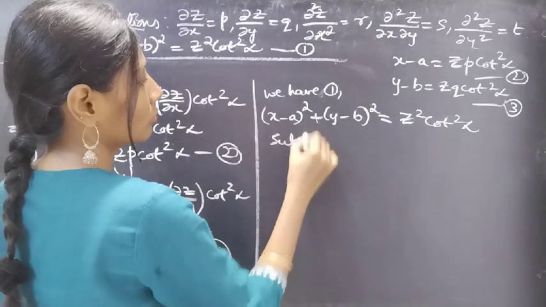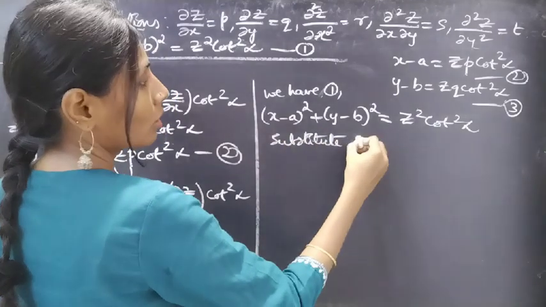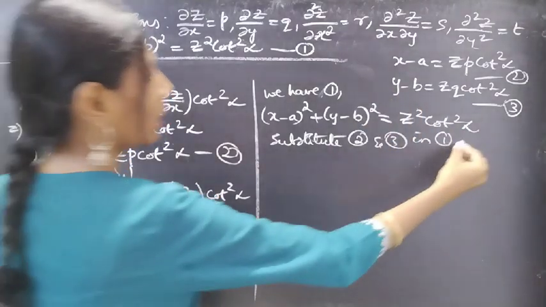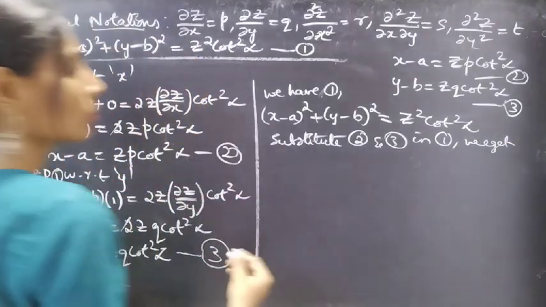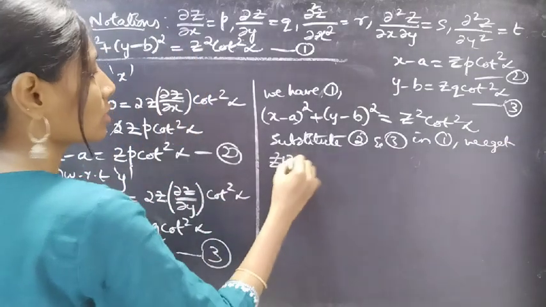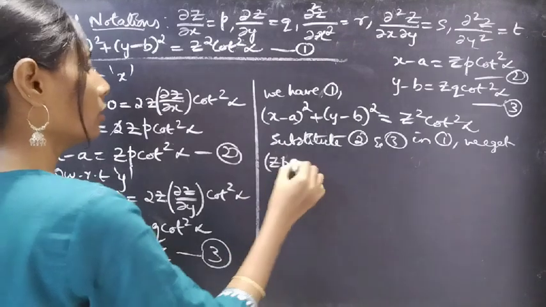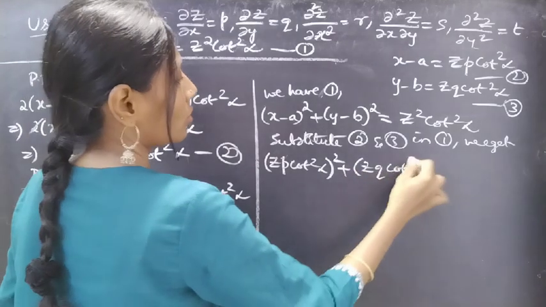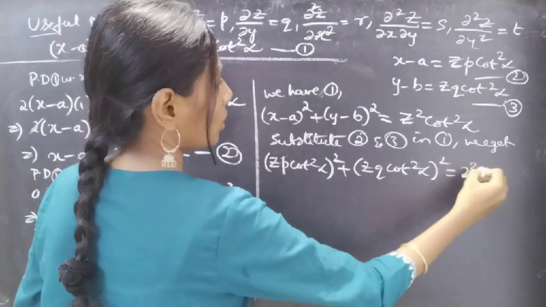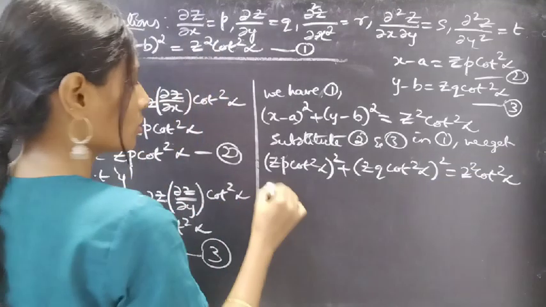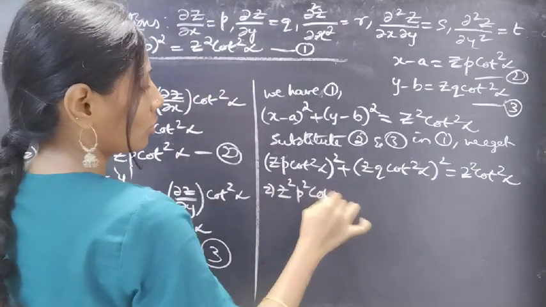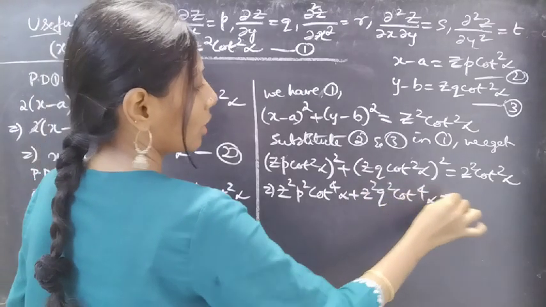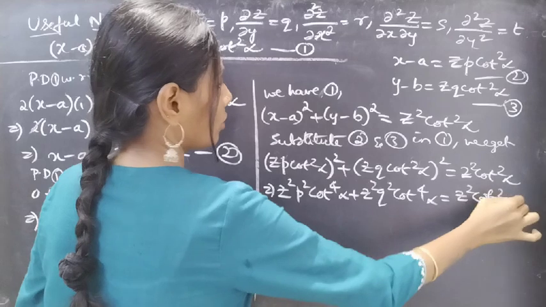Now substitute 2 and 3 in 1, and we get (z p cot square alpha) whole square plus (z q cot square alpha) whole square equal to z square cot square alpha. From this we'll get z square p square cot power 4 alpha plus z square q square cot power 4 alpha equal to z square cot square alpha, right?